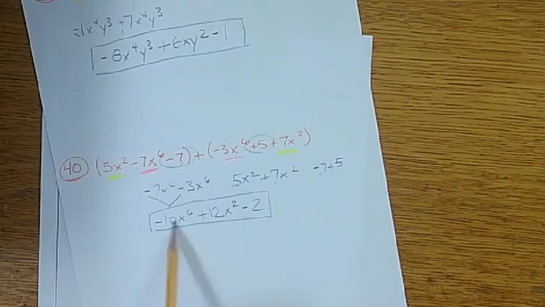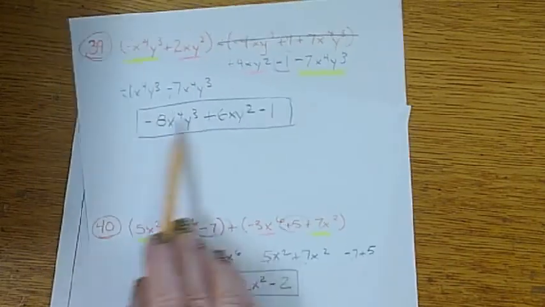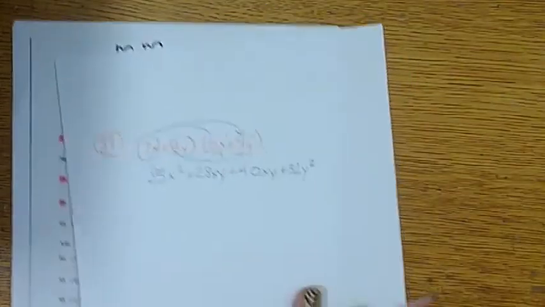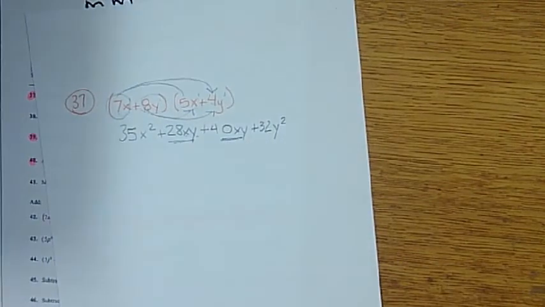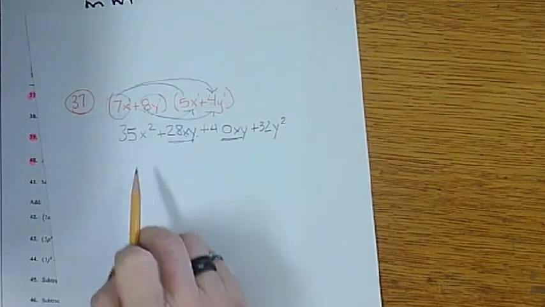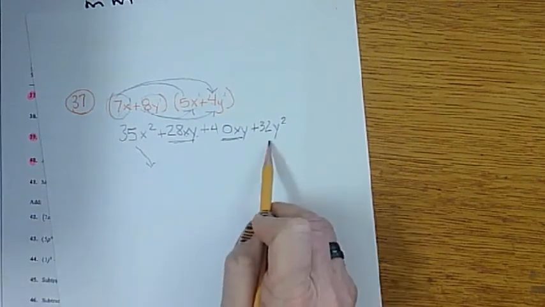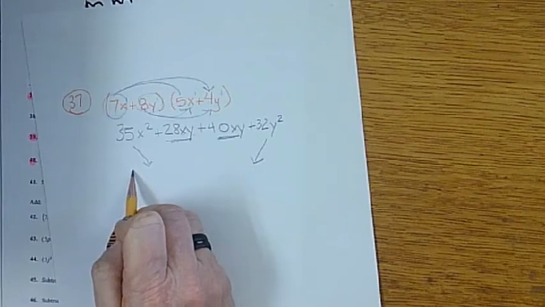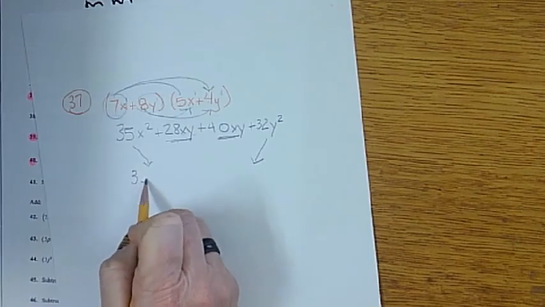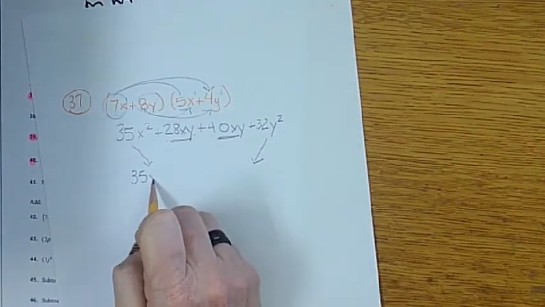Like here, we got down to where there was no like terms, and then the same thing here. But on this one, you have the two in the middle that have like terms. They both have an xy. Okay, so this stays the same, this is going to stay the same, but this one will change to something else. Okay, and again, we still write them in descending order and alphabetical if there's multiple letters.